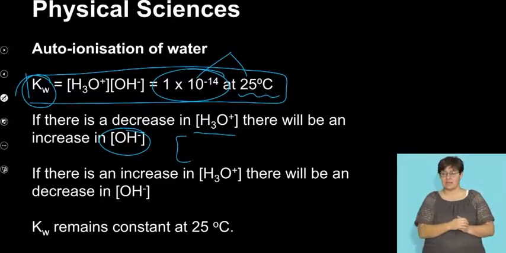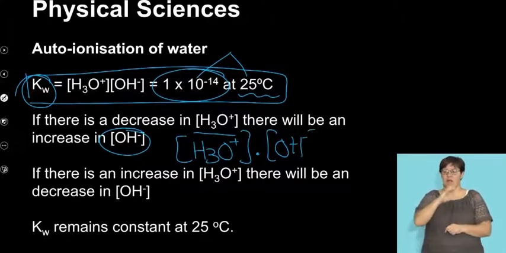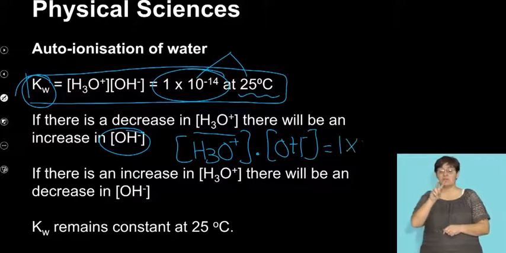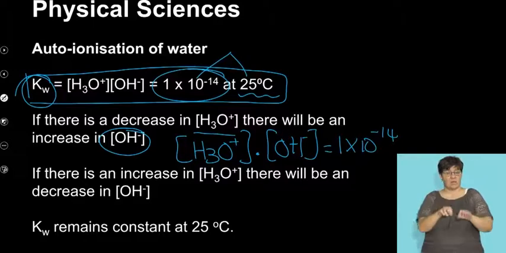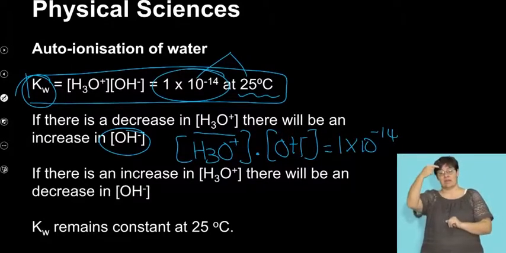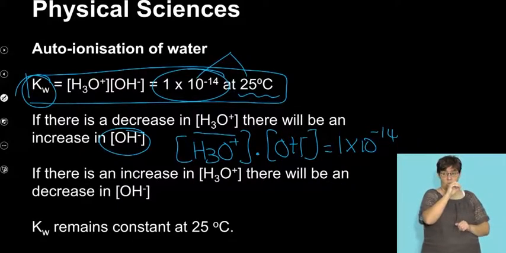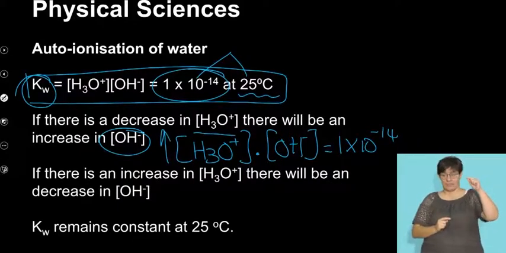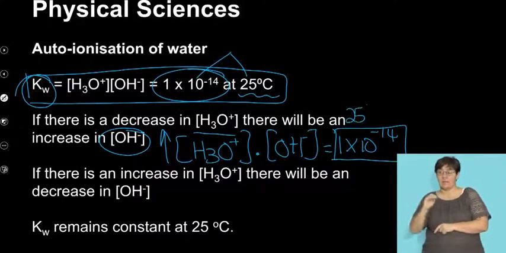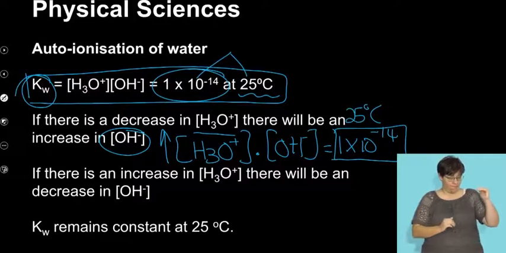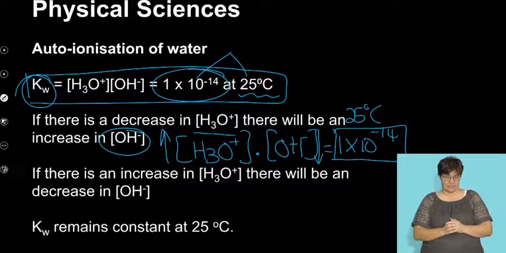I say if the hydronium ion concentration times the hydroxide ion concentration at 25 degrees has a constant Kw value of 1 times 10 to the power minus 14, it basically means that if the hydronium ion concentration increases, for Kw to remain that value at 25 degrees Celsius, the hydroxide ion concentration will decrease.